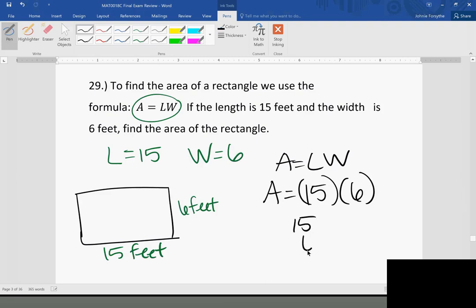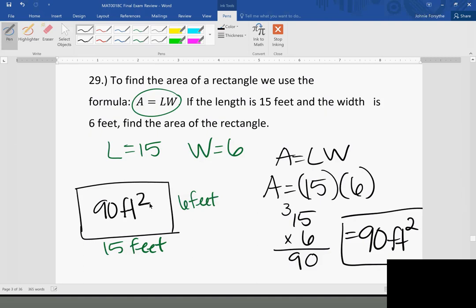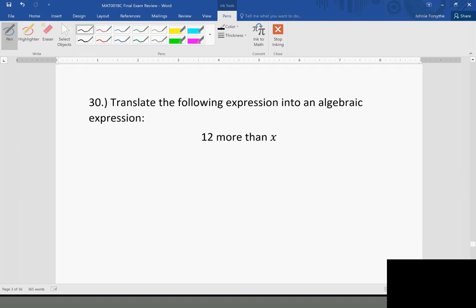So then if I do 15 times 6, 6 times 5 is 30, carry the 3. 6 times 1 is 6, plus 3 is 9. And now, since we did feet times feet, the answer is going to be 90 feet squared. That's going to be the area of that rectangle.